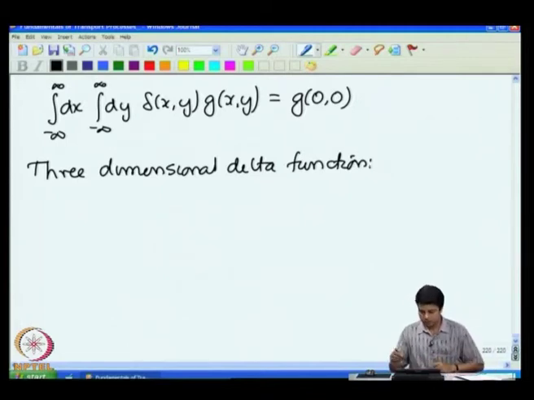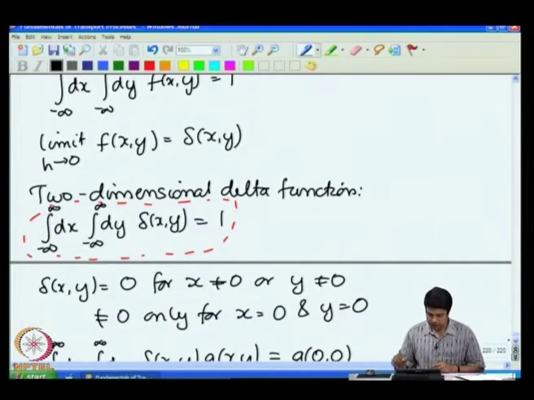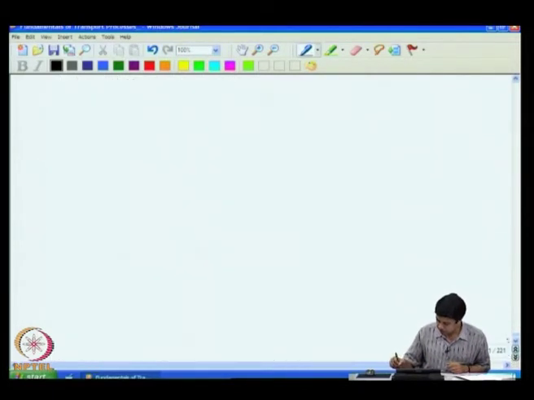Note before that in 2 dimensions, the delta function integral dx dy delta of x y is dimensionless, it is just equal to 1. That means, in 2 dimensions the delta function has dimensions of 1 over length square. As I said, this function is equal to 1 over h square between minus h by 2 and plus h by 2. H is a length, therefore, the delta function has to have dimensions of 1 over length square in 2 dimensions. Similarly, I can do it in 3 dimensions.